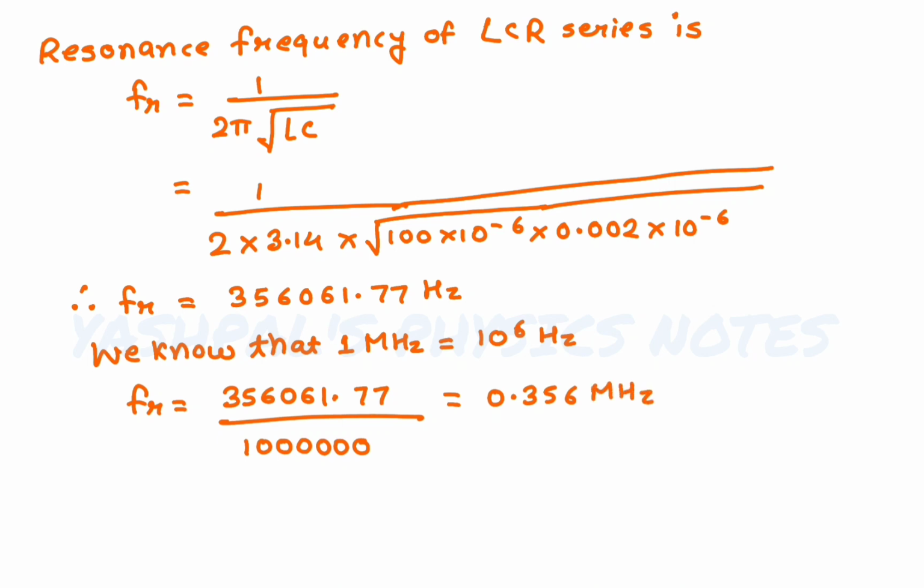In exam, if you have written here FR is equal to 35606177.77 hertz, that is also correct. And if you have written in terms of megahertz, it will also be correct. There will be no deduction in your marks.